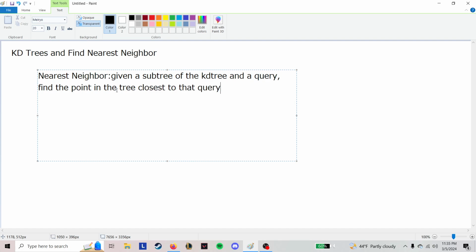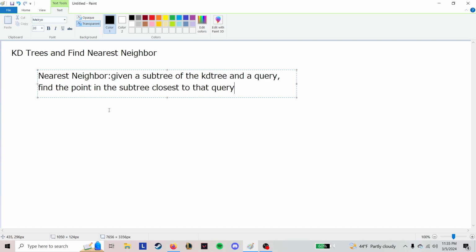So remember, this is going to find the point in the given subtree. We have to specify subtree here because this is a recursive definition. So the tree passed in is not always going to be the root when we recurse. But this is going to be our general recursive definition.